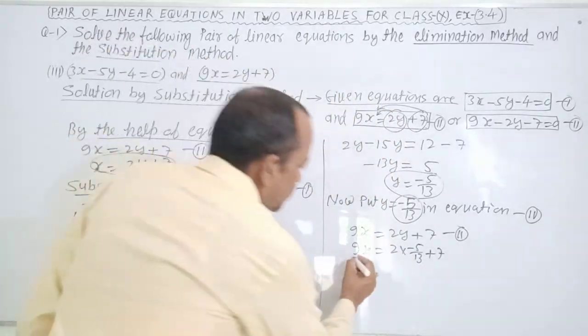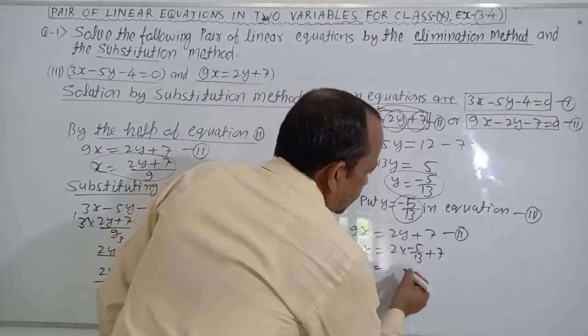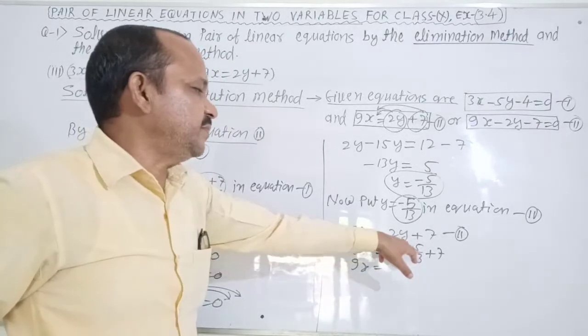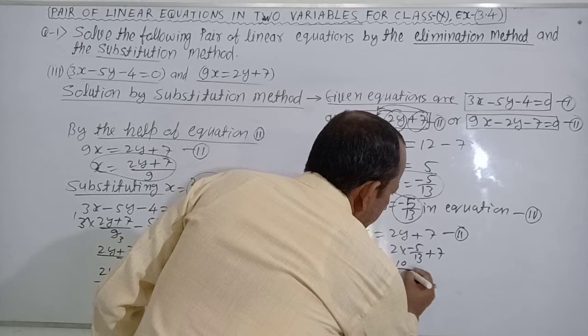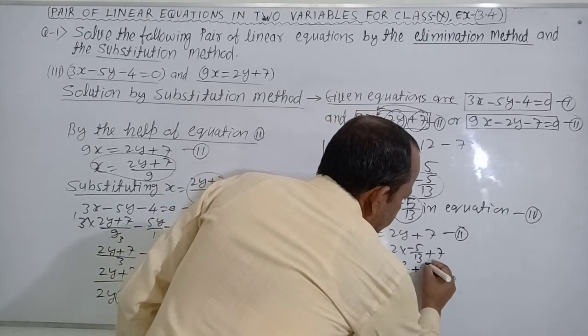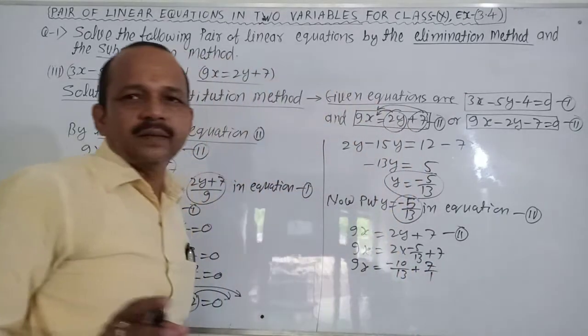It becomes 9x equal to minus 10 by 13 plus 7 by 1.